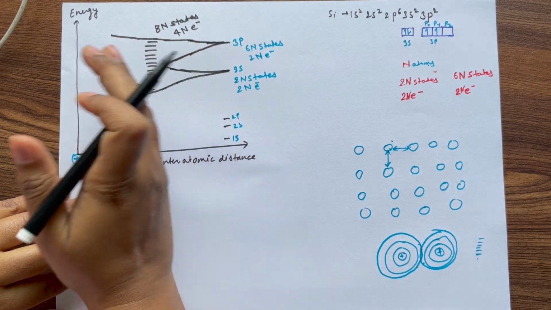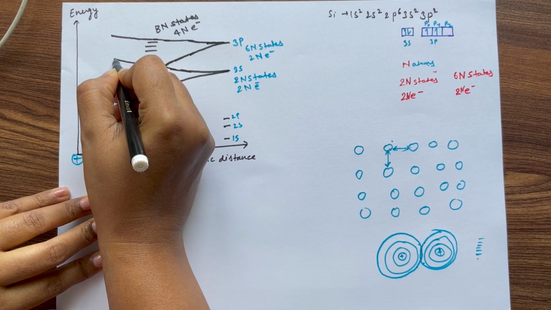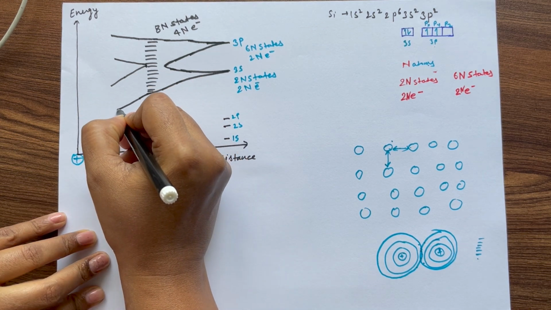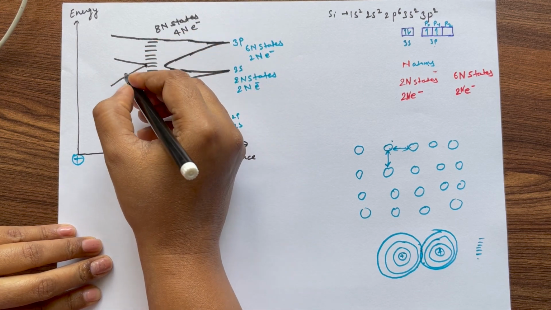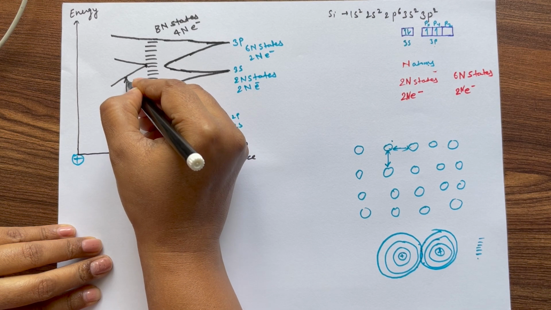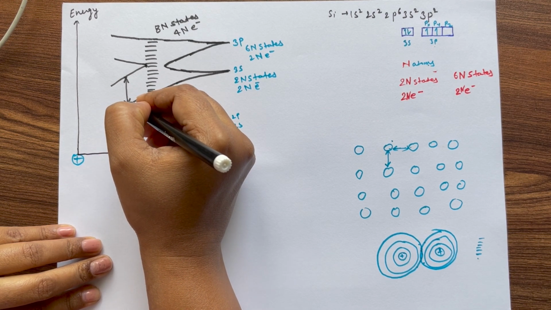When the distance is further decreased, this band splits in two bands because of the bonding between the atoms. All these 4n electrons will participate in bonding and will occupy this lower energy band to stabilize the structure.